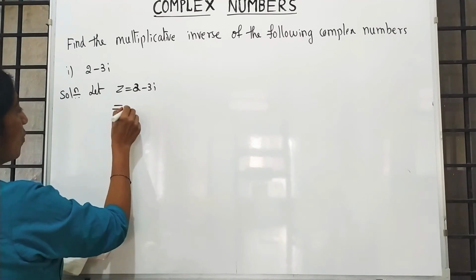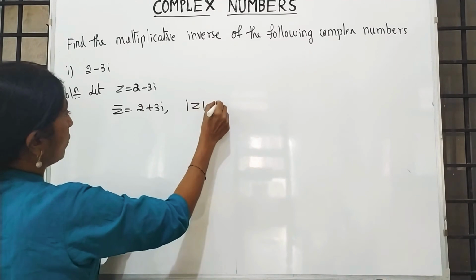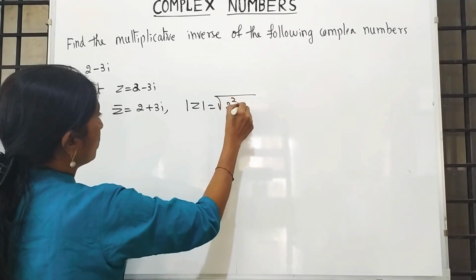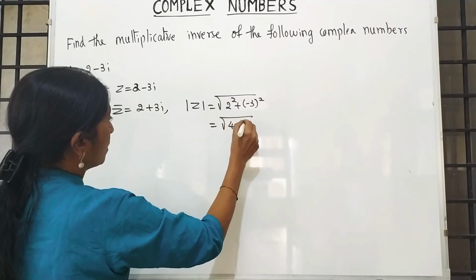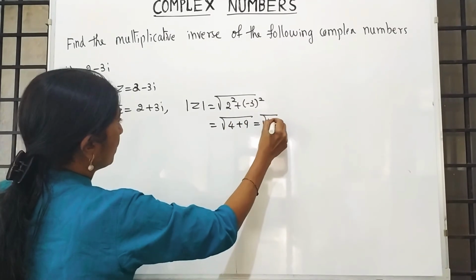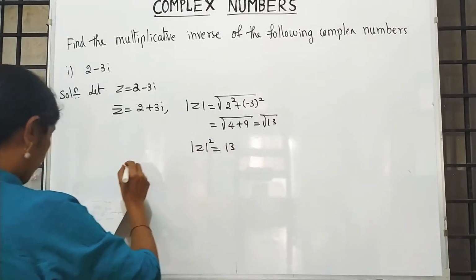Find its conjugate. It is 2 plus 3i, and write its modulus also. It is root of 4 plus 9, root 13. Mod z square is 13.